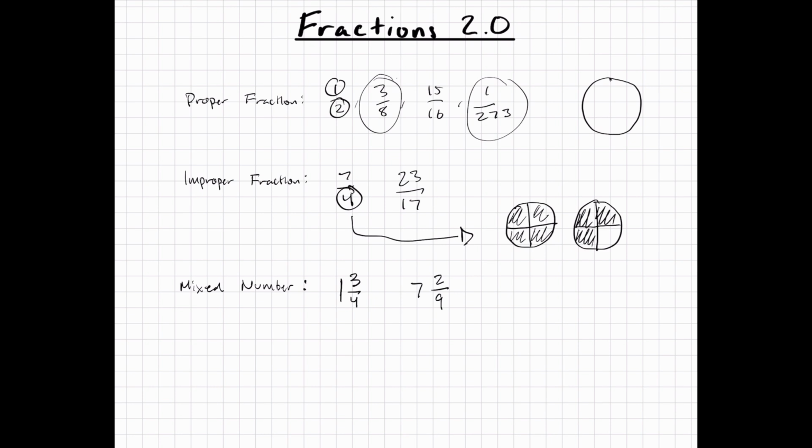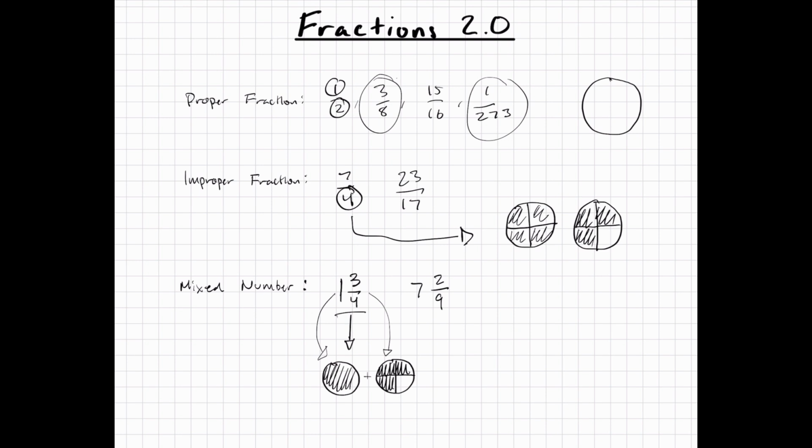So what does this 1 3/4 or 7 2/9 actually mean? Well, 1 3/4 is just one whole pizza plus another pizza with 3 of the 4 pieces shaded in. This is the 1 part, and this is the 3/4.